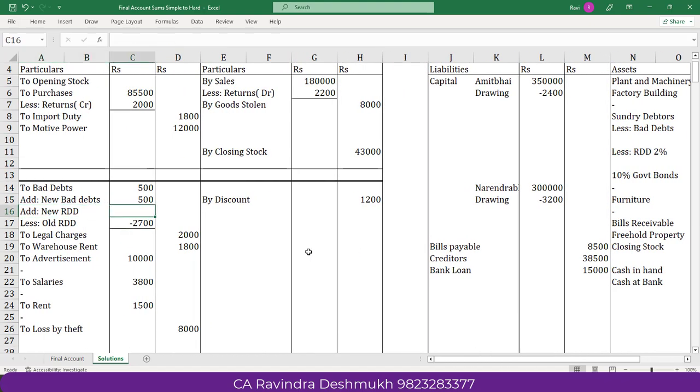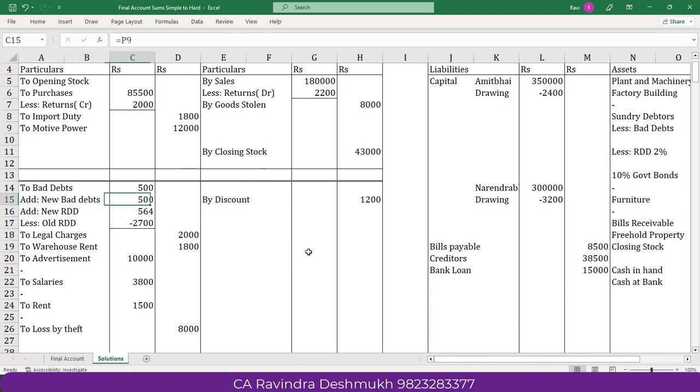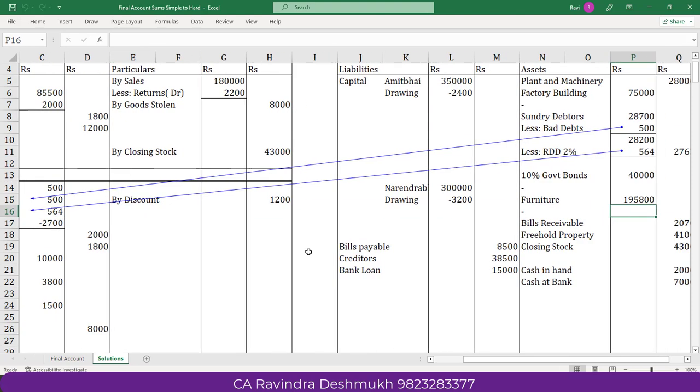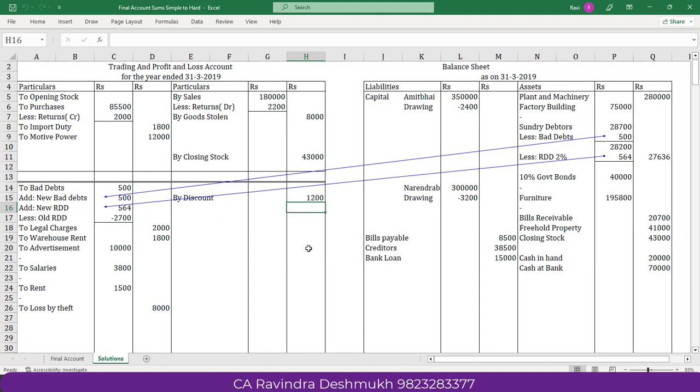The new RDD is also to be added in bad debts on the P&L's debit side. So the two effects of these two items are subtracted from debtors on the asset side. If you want, I can make it small, and the second effect is on the debit side of P&L.